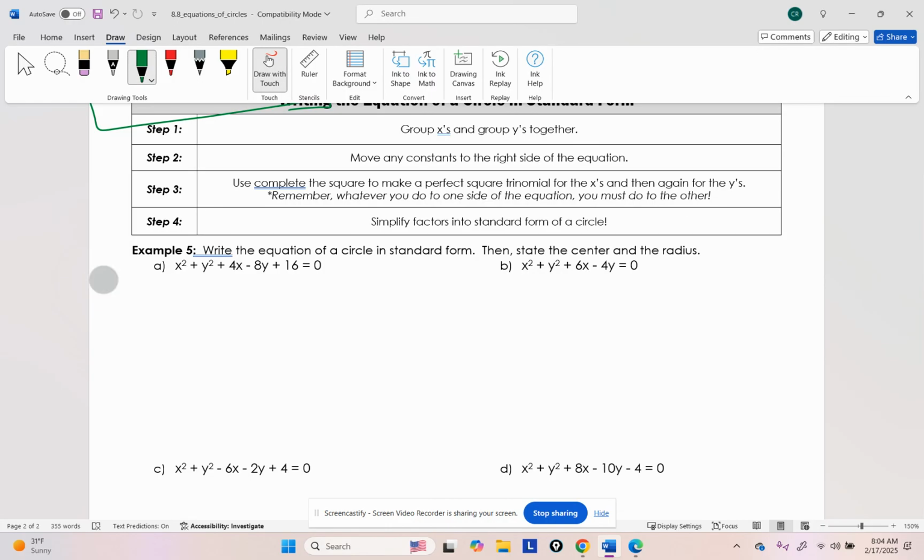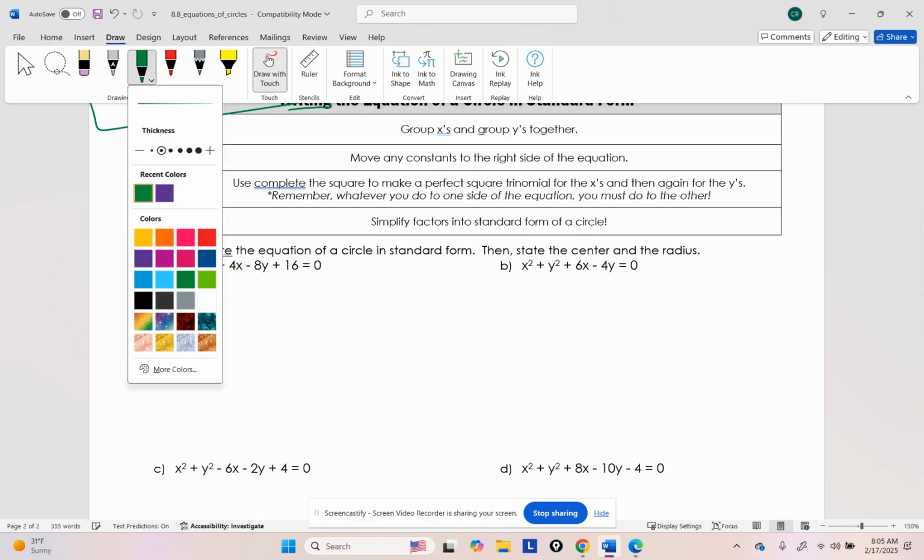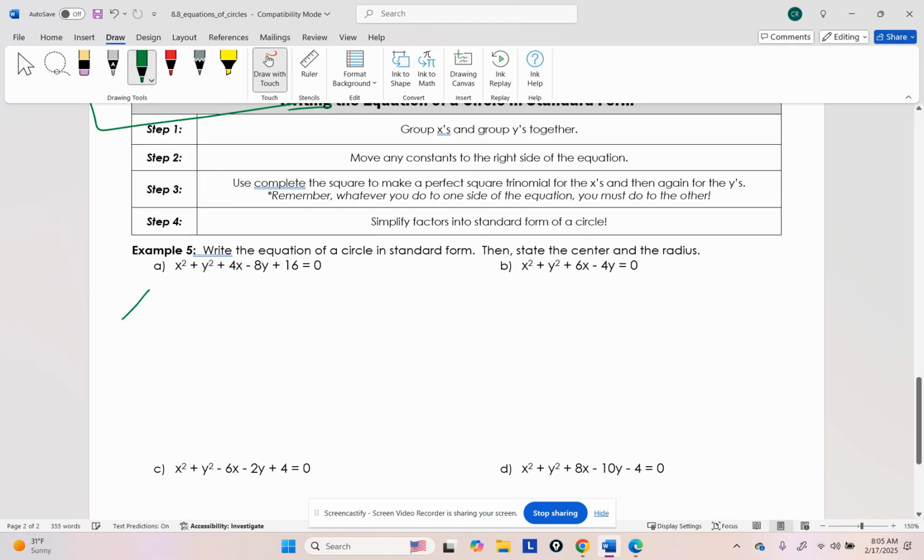So right here we're going to write our equation first. Our equation is going to be x squared plus 4x, and then we're going to do the y's, plus y squared minus 8y.